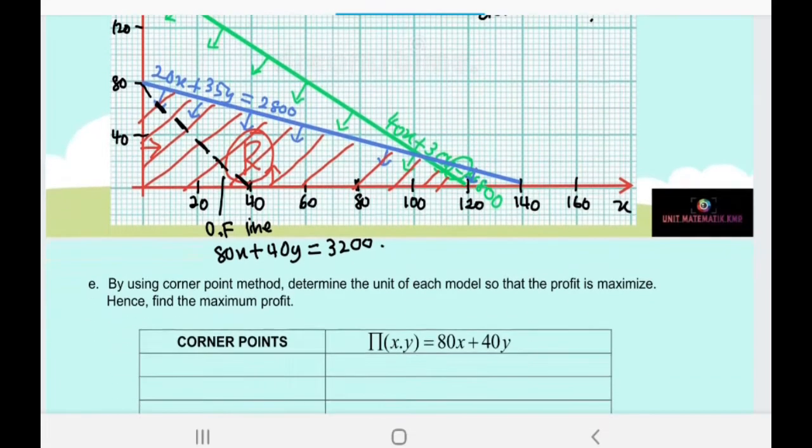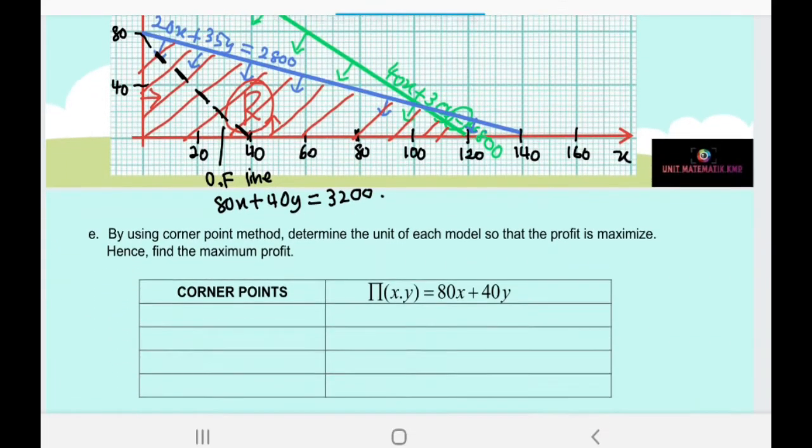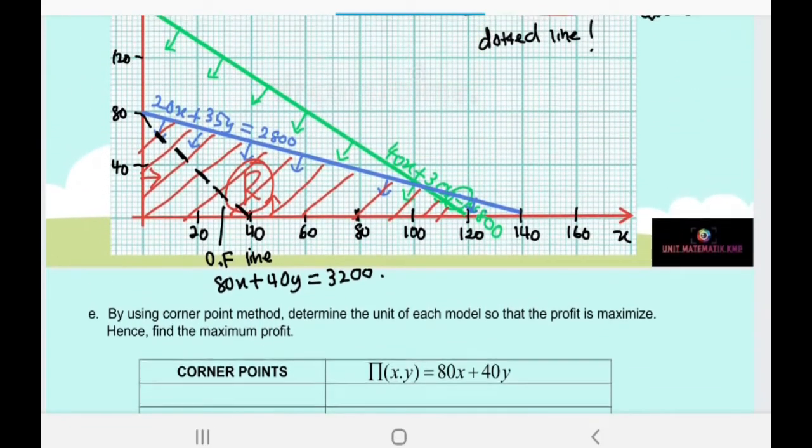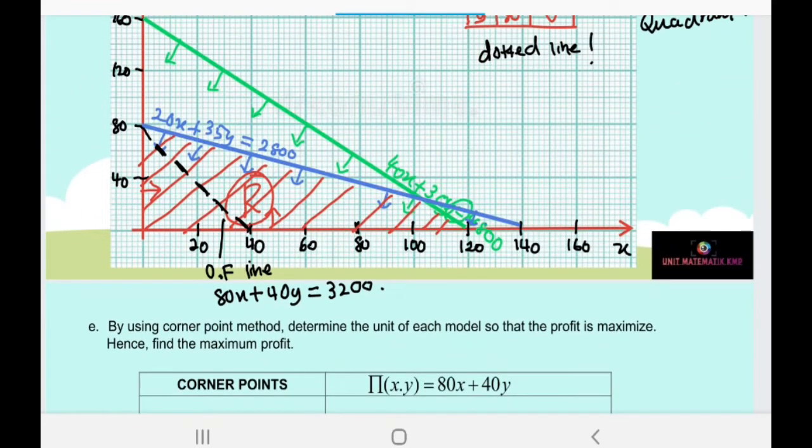Okay, and then the last question is, by using corner point method, determine the unit of each model so that the profit is maximized. Hence, find the maximum profit. Okay, so from the feasible region, we can see that there are corner points for this feasible region, which is 1, 2, 3, 4.